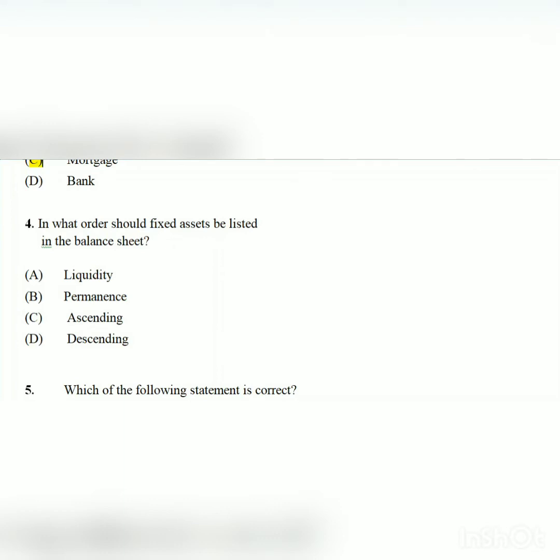They are there to stay for a longer period of time, as opposed to liquidity, those assets that can easily turn into cash. So assets on the balance sheet are arranged in order of permanency. So our answer here would be B.